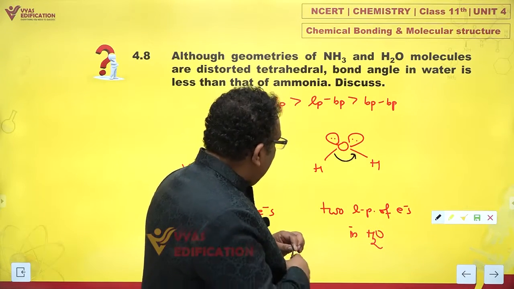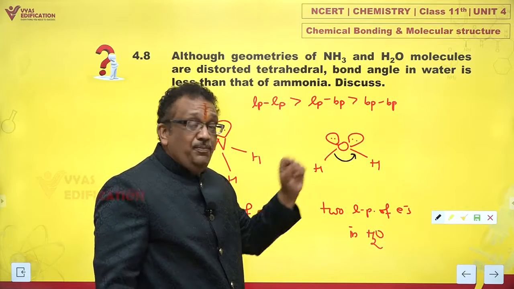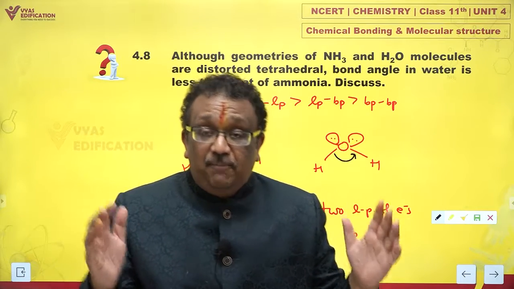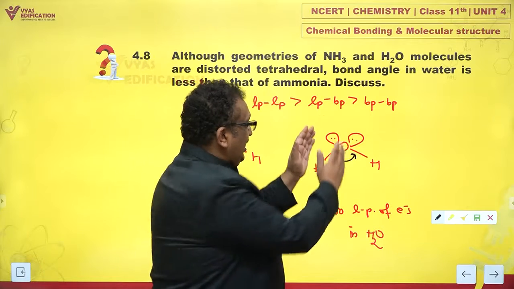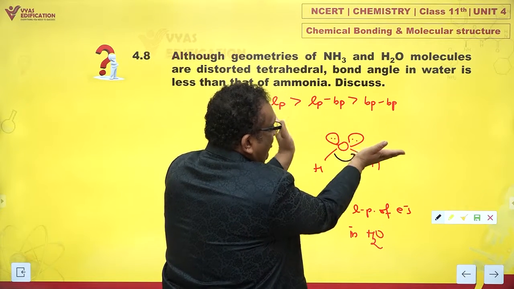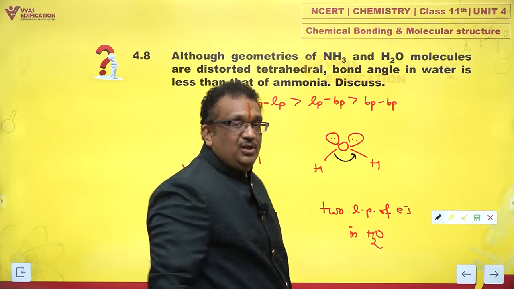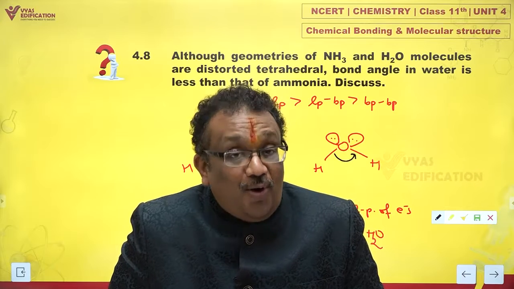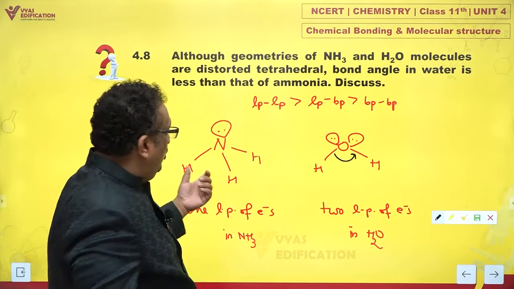We say that due to greater repulsions between two lone pairs present on the oxygen atom in water, they push the hydrogen atoms closer to each other because they are trying to repel. And if they go away from each other, in order to escape that repulsion, H atoms will be pushed closer.